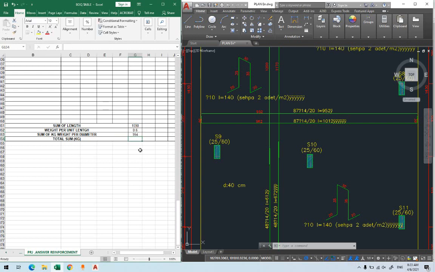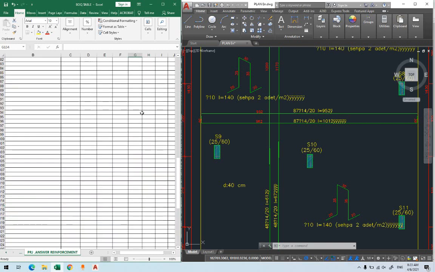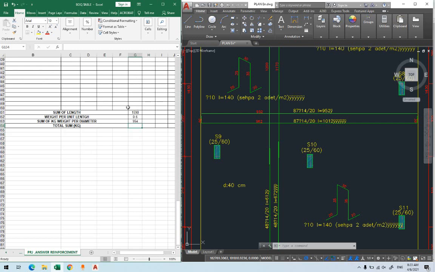You need 954 kilogram of this size. Remember, we do it per size. Each size we need to know. For example, this is 8 millimeter, we need to know for 8 millimeter we need 954 kilogram.